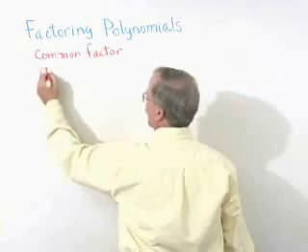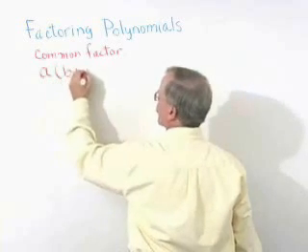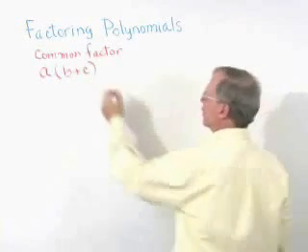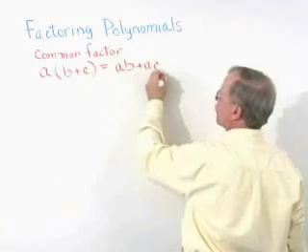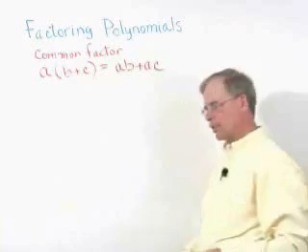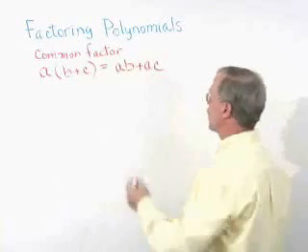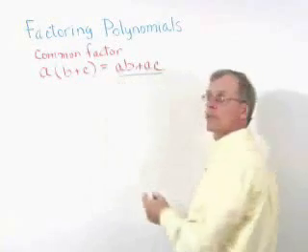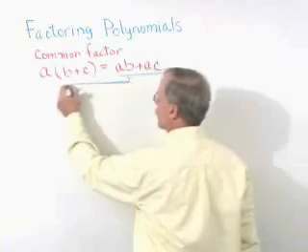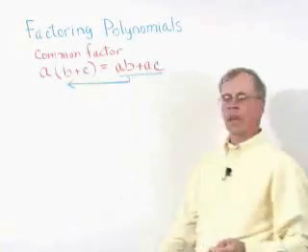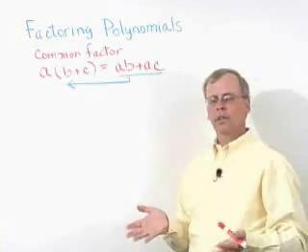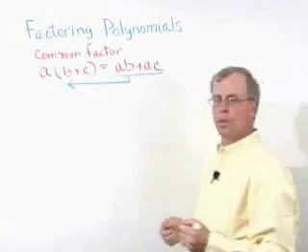For example, the formula for the distributive property is something like this. If we're choosing to factor the problem, what we're actually doing is starting with this version and rewriting it like that. And we can do that with any number of terms, and you'll see how this works with this example.